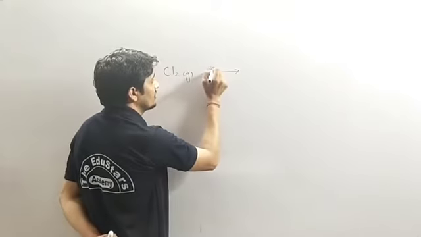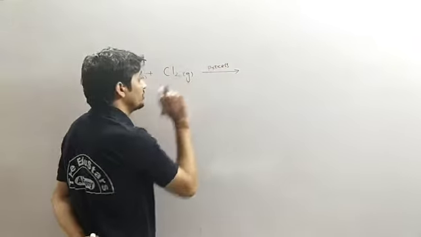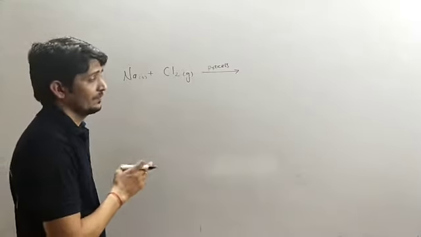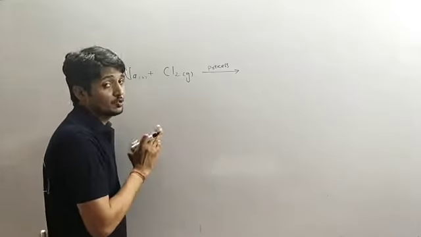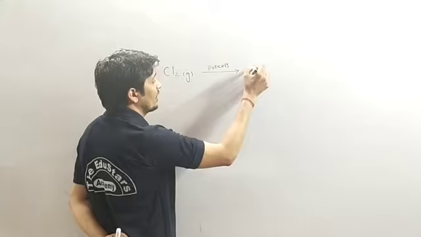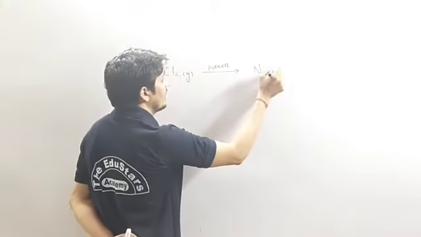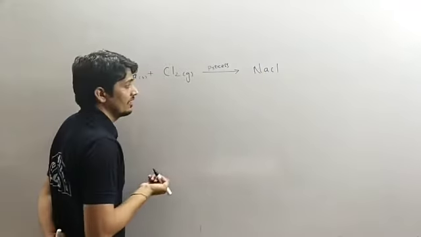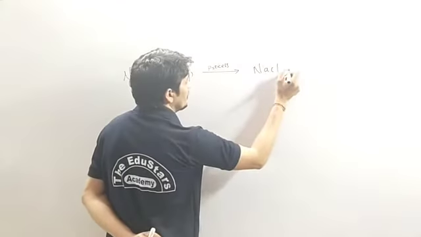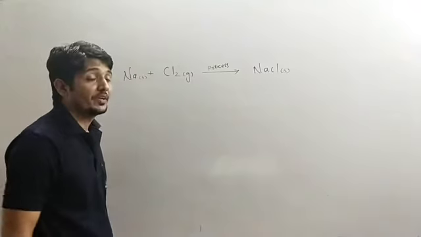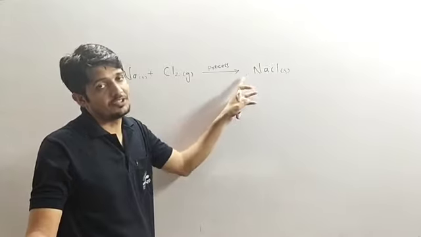This process is called a chemical reaction. The product is NaCl, which is the salt, in solid form. It is a crystalline substance.